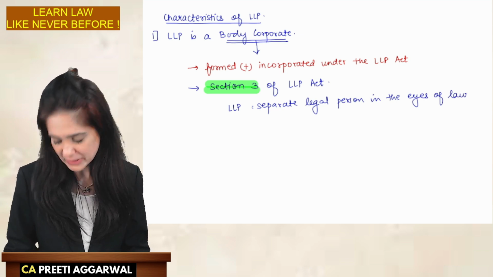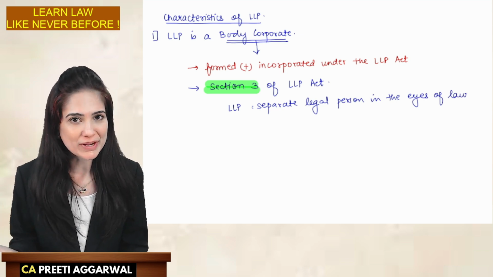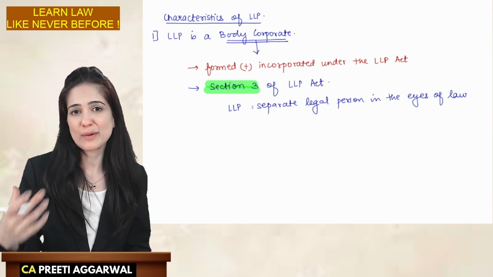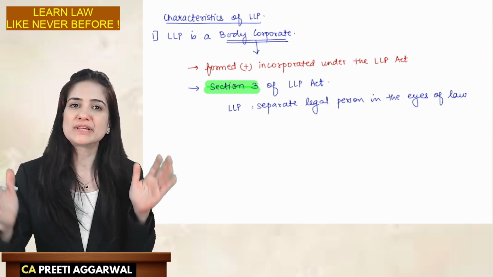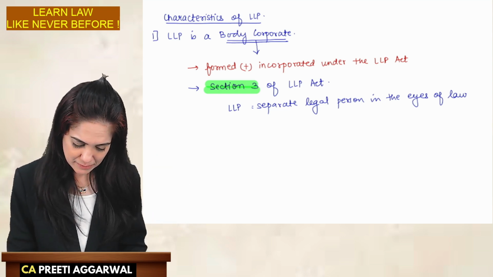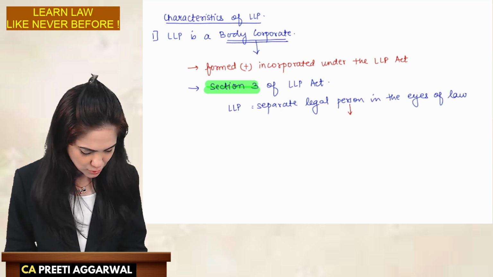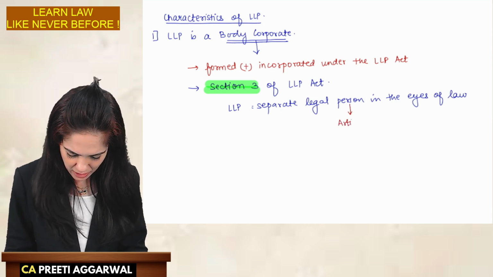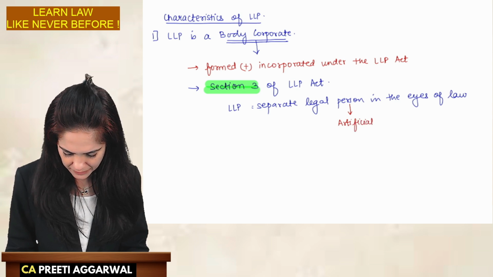Separate legal person means it is capable of contracting in its own name, it can buy assets, it can incur liabilities. It is a separate person in the eyes of law. It's a person, but is it a natural person? No, it's an artificial person.